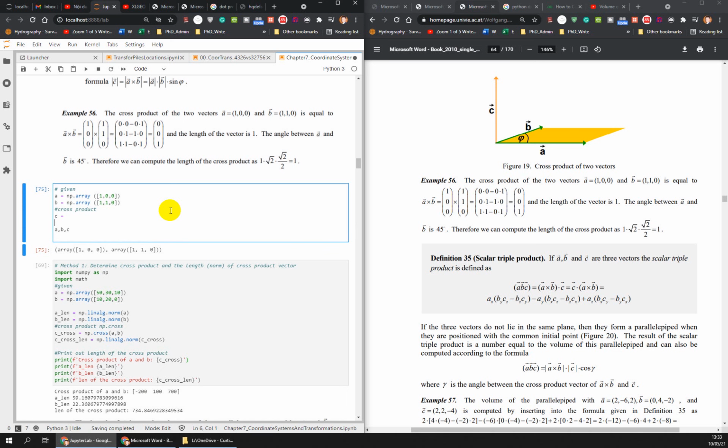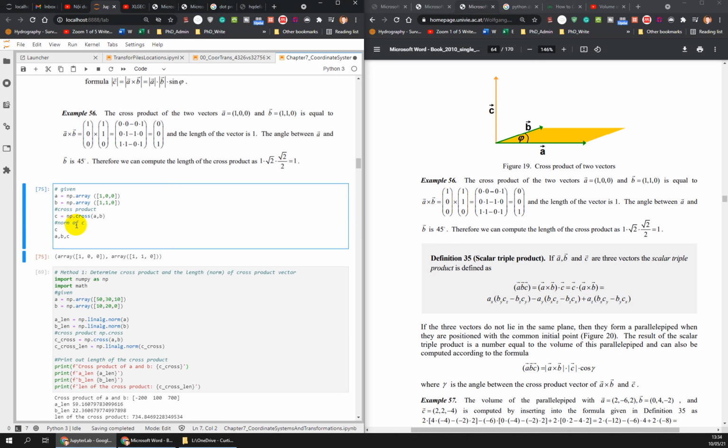We can use the numpy.cross function, then put in A and B. Just that way we get the cross product of A and B. Then the norm of C, or C length, is equal to numpy.linalg.norm, and we put C inside here.